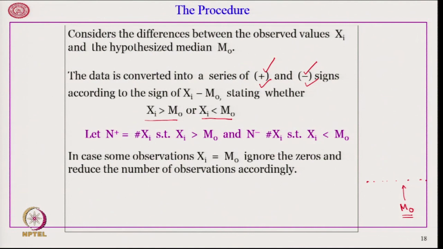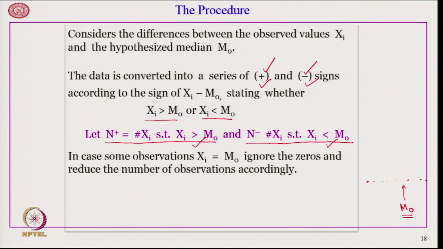Therefore, we can check n plus, the number of x i such that x i is greater than m naught, and n minus, the number of x i such that x i is less than m naught.